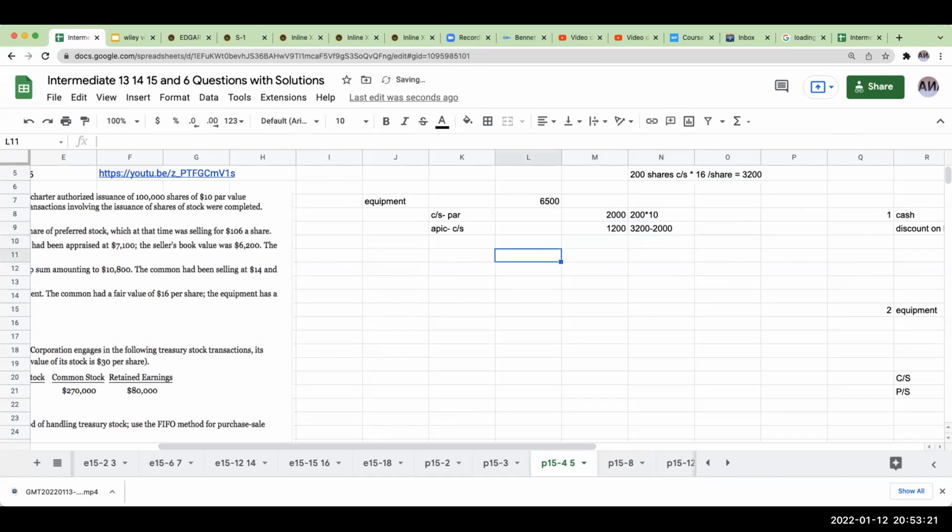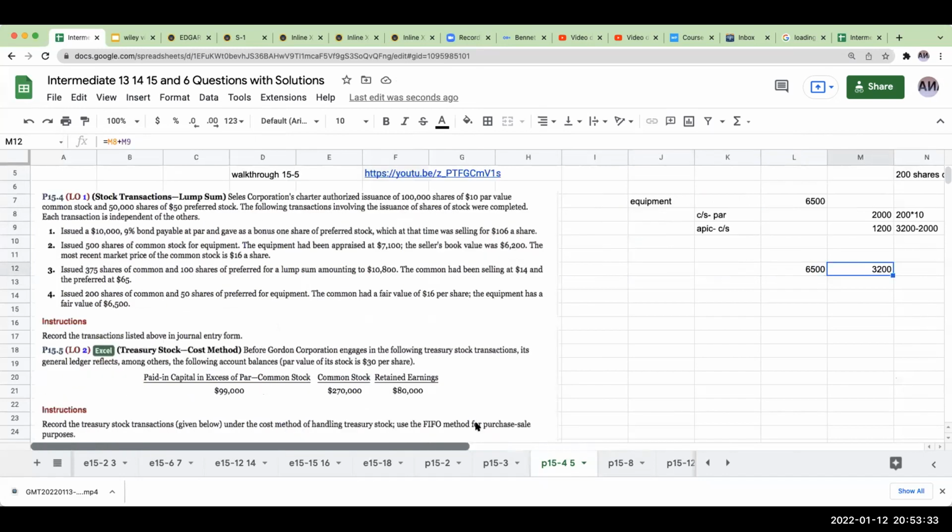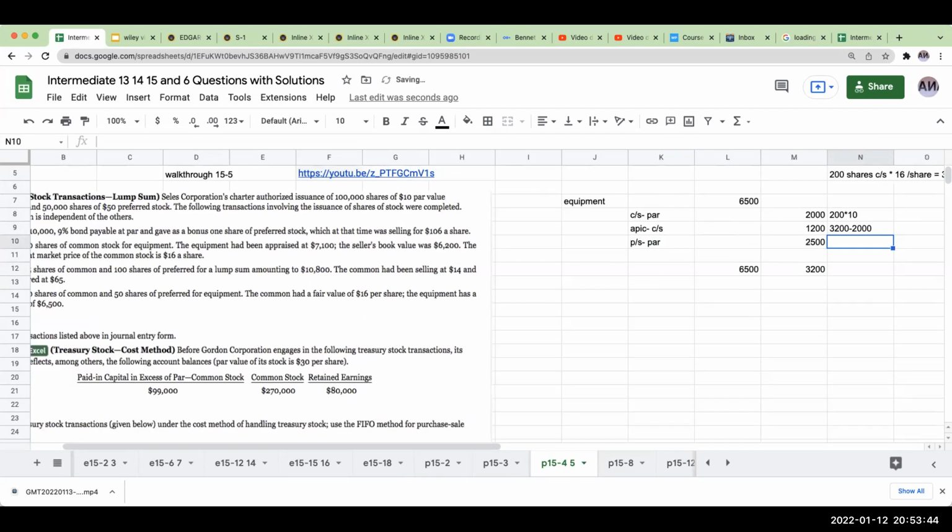Okay, now not done yet. Over here, I've got total debits of 6,500, total credits of 3,200. So I'm going to assign the rest of it. I'll start out with my preferred stock at par. I gave them 50 shares of preferred, so this is going to be 50 times 50, or 2,500.